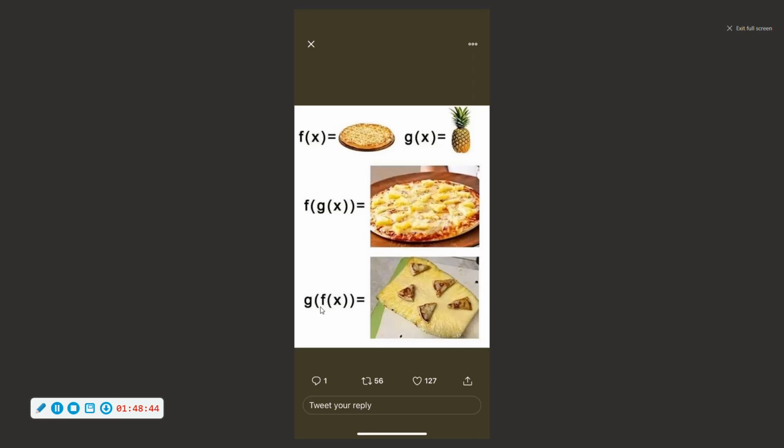But g of f of x, imagine the little arrows if I were drawing. You're putting the f on g. You're putting the pizza onto the pineapple. Look at the big slice of pineapple there with the little slices of pizza. To me, I think that makes the point.